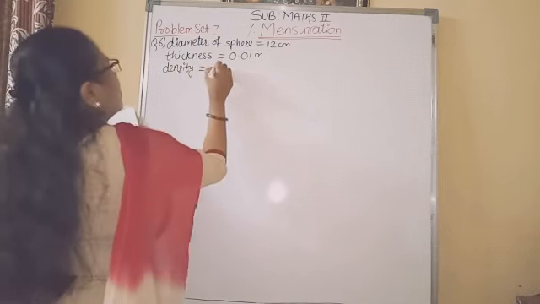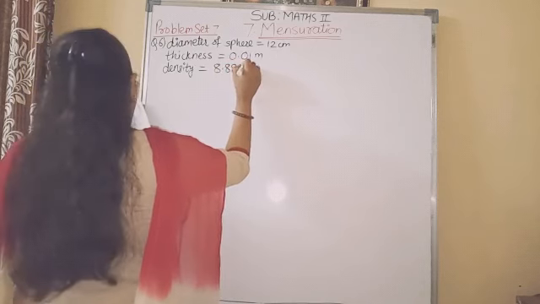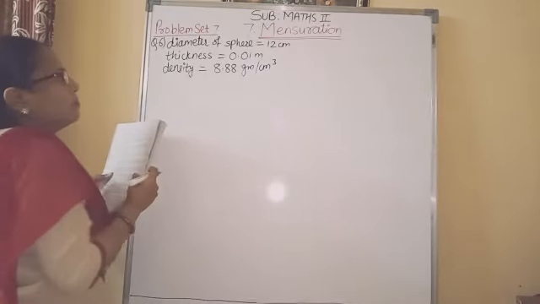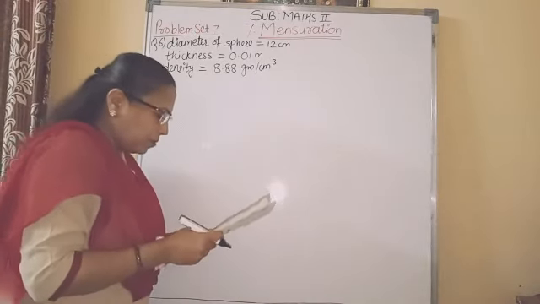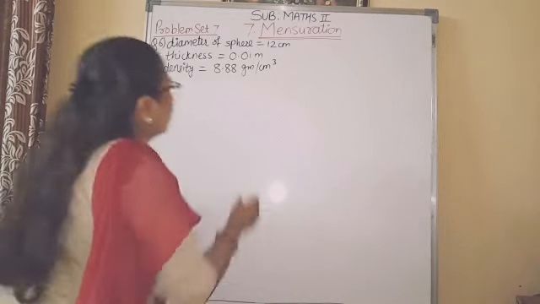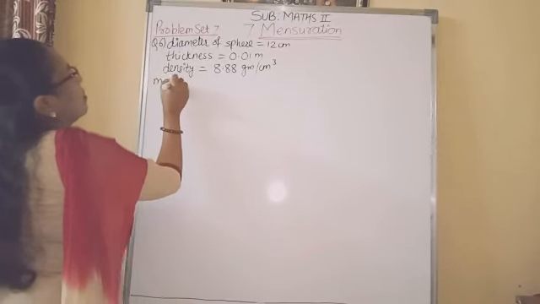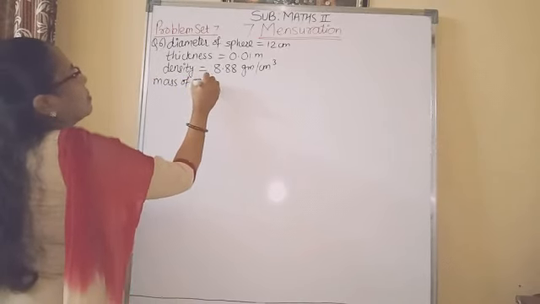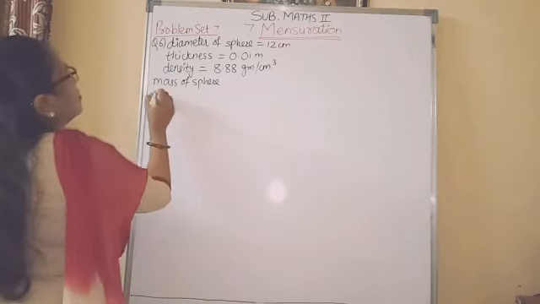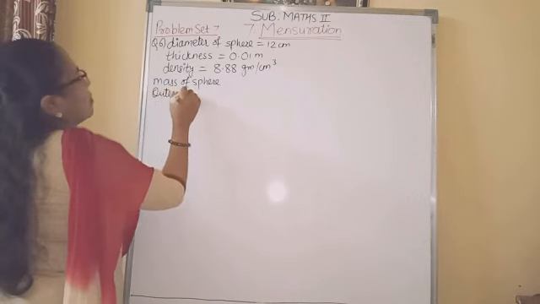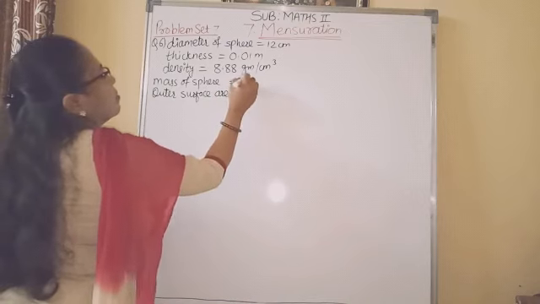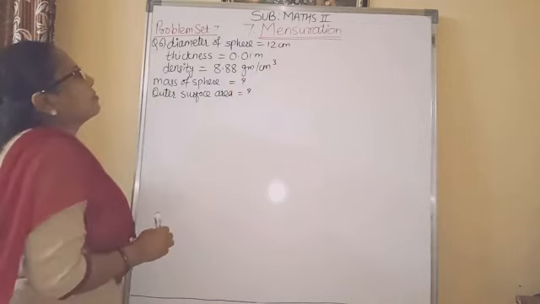Density is equal to 8.88 gram per centimeter cube. Okay. So we have to find out mass of sphere and outer surface area.